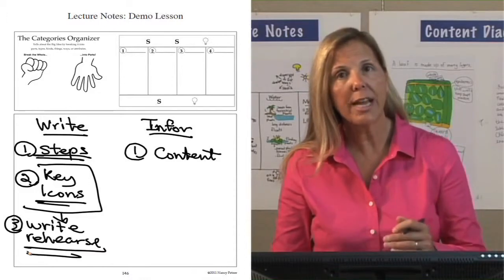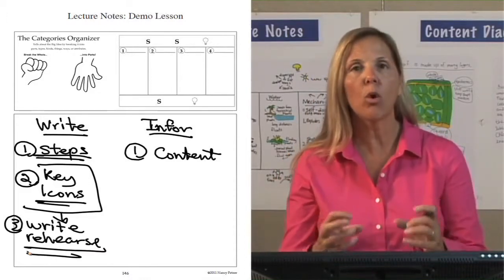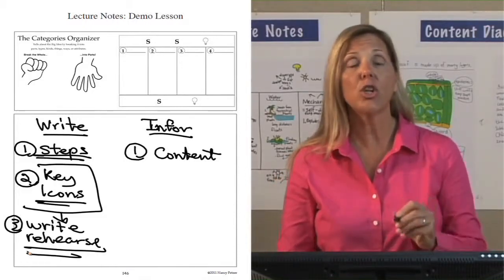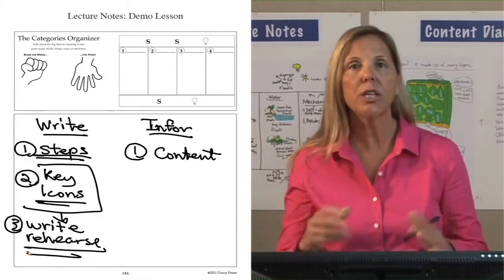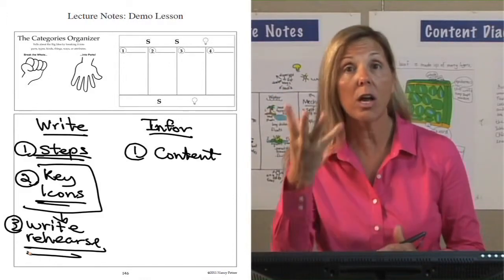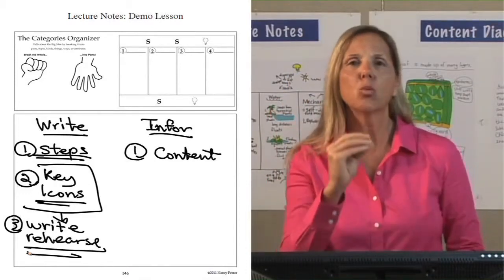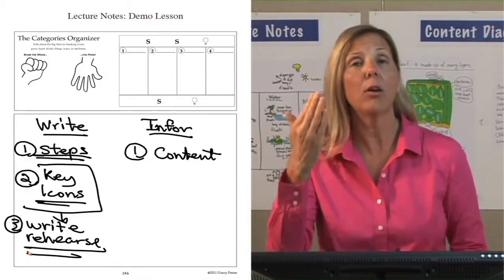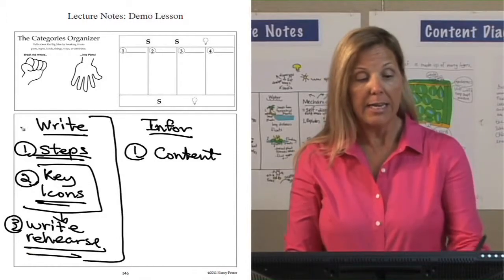When they are rehearsing that information, that's when you are going to engage your students even more, and it will become an interactive activity, meaning that you're going to use all the different modalities. We're going to have hand motions, we're going to visually see icons and keywords placed on our organizers so that they make sense, as well as the students orally rehearsing in academic language how eventually they will write this information down. The writing is important.